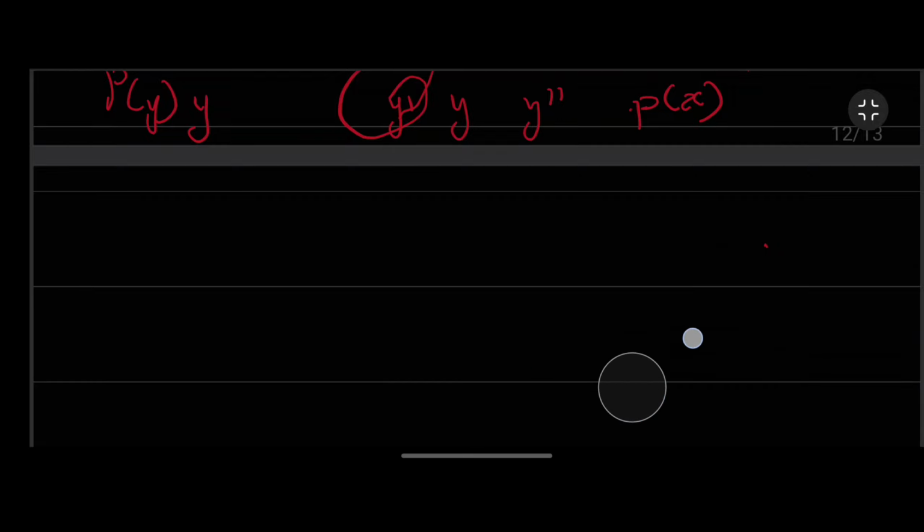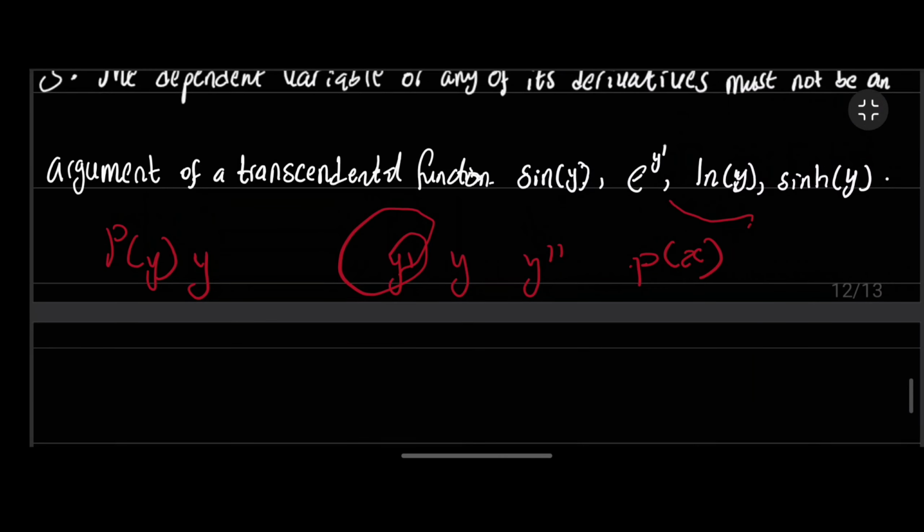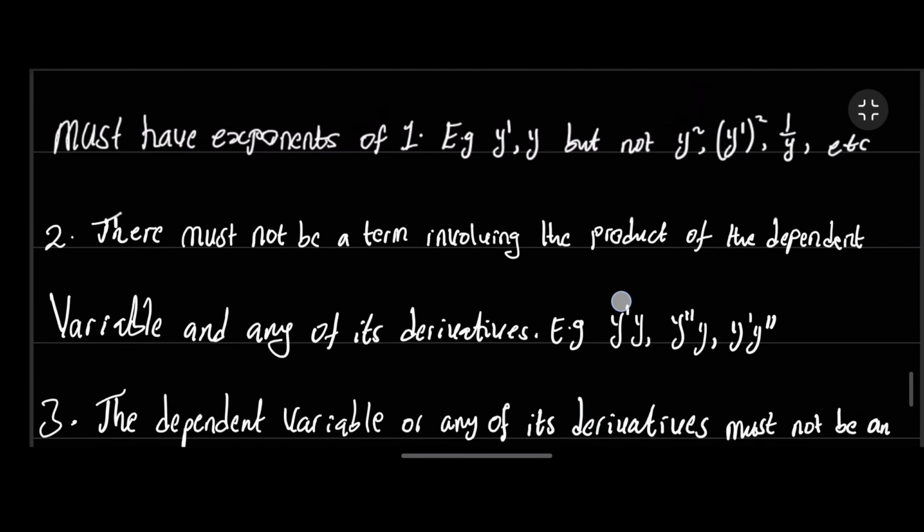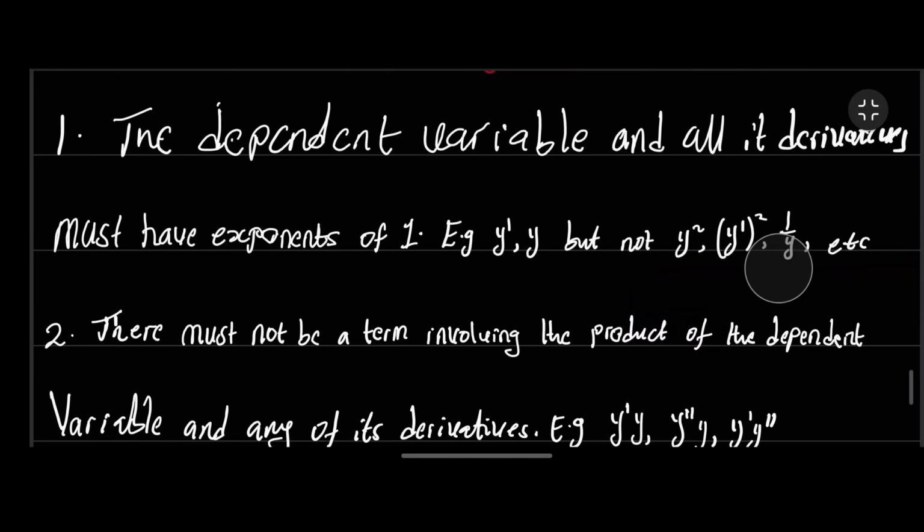The first implication is that it simplifies back to the first case if you divide both sides by one of the multiplicands. If the product is y double prime, and you divide through by, let's say, y prime, you would end up having an exponent other than 1 for y prime, which is a violation of this.